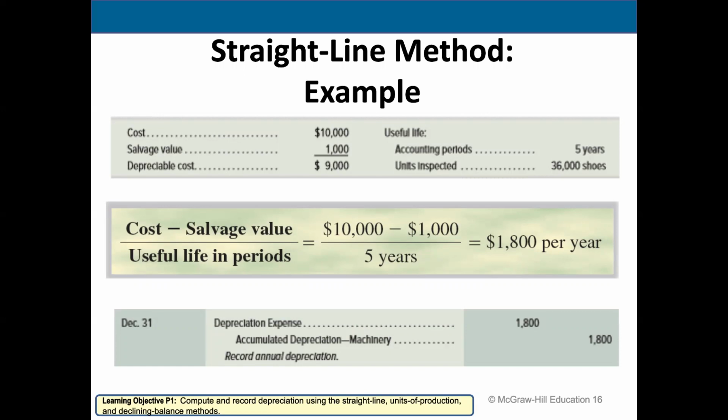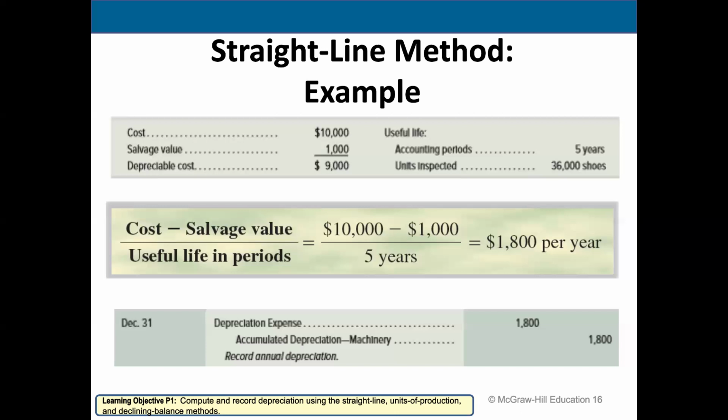So you would have to recognize we're only depreciating 3 months' worth. That's something that is easy to mess up and you need to pay attention to. But here's the basic formula: cost minus salvage value divided by the useful life in periods. If we're doing years, we would say 10,000, that's our cost, minus our salvage value of 1,000, divided by 5 years, means we're going to depreciate that asset at $1,800 per year.